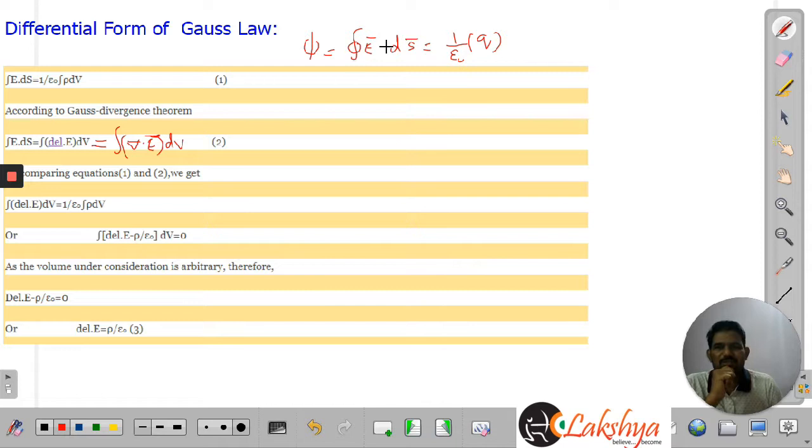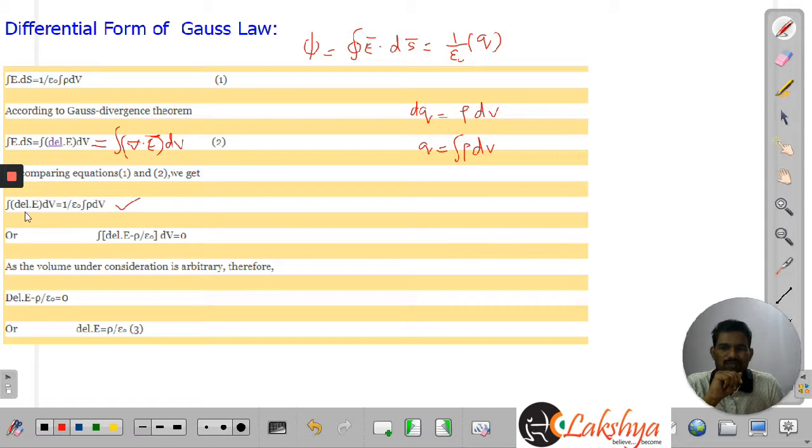We replace this term, and the charge enclosed we can write, for a volume distribution, as dq equal to rho into dv. So the total charge is the integral of rho into dv, and this is the charge enclosed.